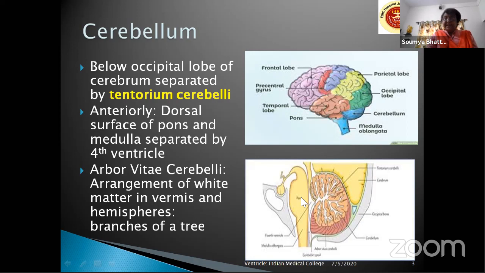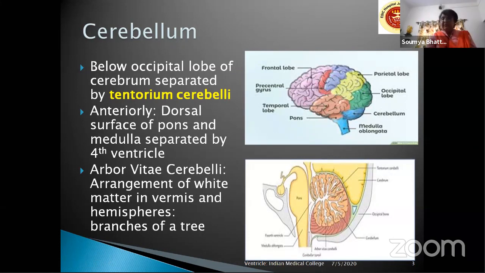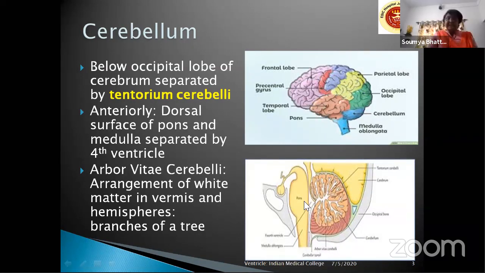Now, in between the brainstem and the cerebellum, you can see a triangular white portion, which is known as the fourth ventricle. So you can see that the dorsal surface of the pons and the medulla are separated by the fourth ventricle, against which you can see the arbor vitae cerebelli, that is the cross section of the cerebellum.